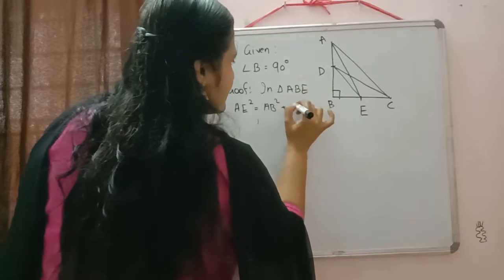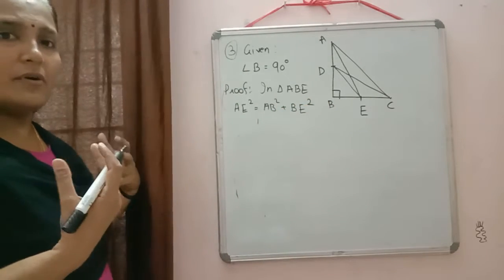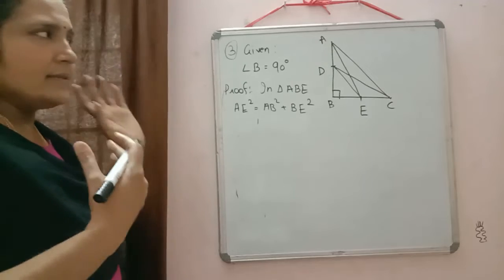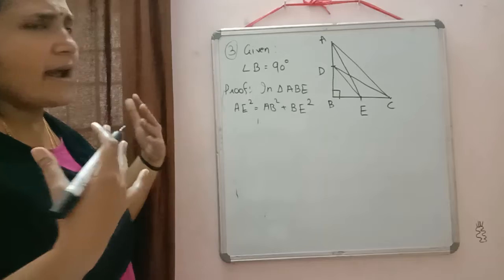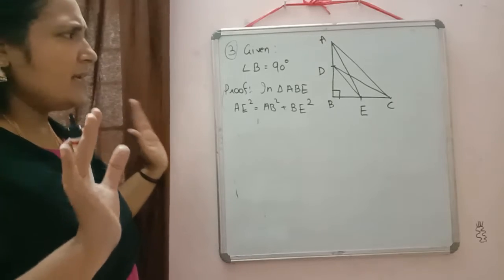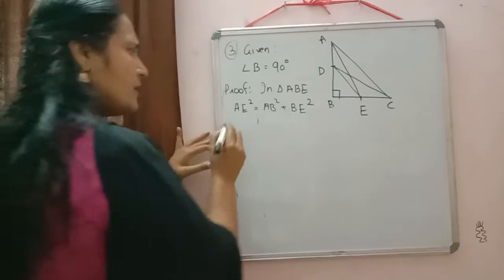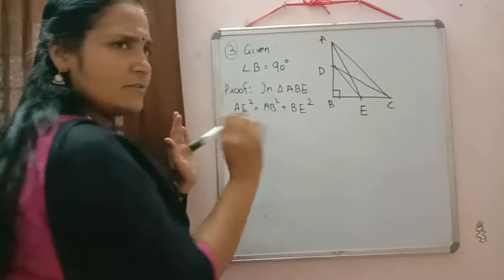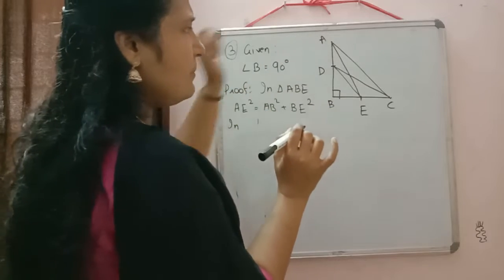square plus BE square. Now in these questions, if you don't know how to prove it, then what you should do, at least check what right triangles are there in the question and just write down Pythagoras theorem in all the right triangles. So okay, I am also going to do that only. So the first right triangle is this one, triangle ABE.